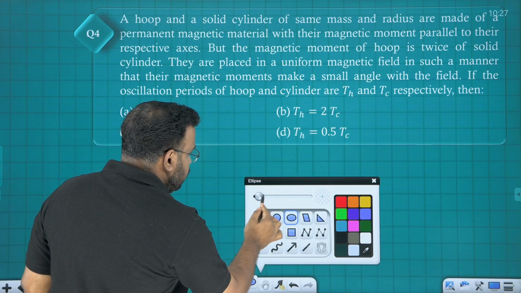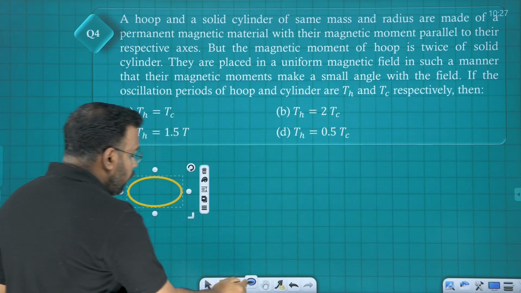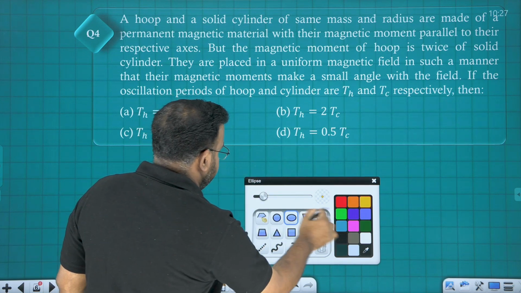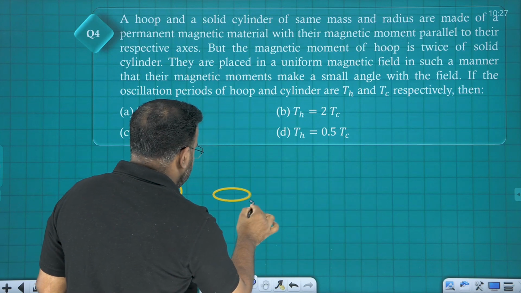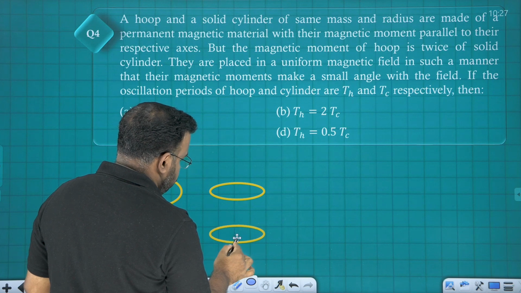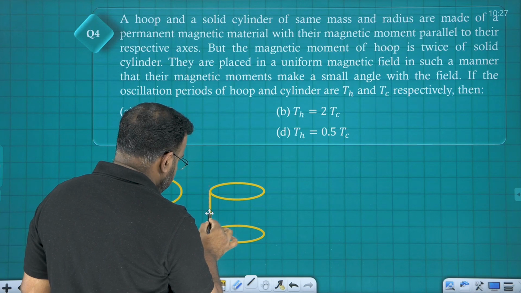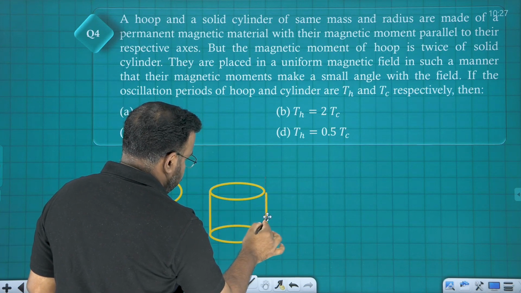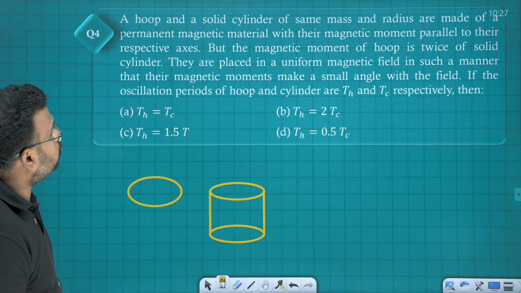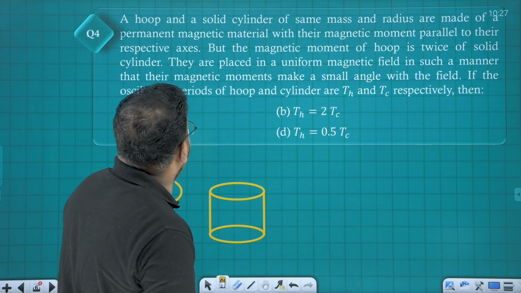Hoop means the shape will be like a ring, something like this. And apart from that, we have a solid cylinder as well. A hoop and a solid cylinder. So, we can make a solid cylinder like this. Yeah, this is a solid cylinder and it is given that both are having the same mass and made up of permanent magnetic material with their magnetic moment parallel to their respective axis.